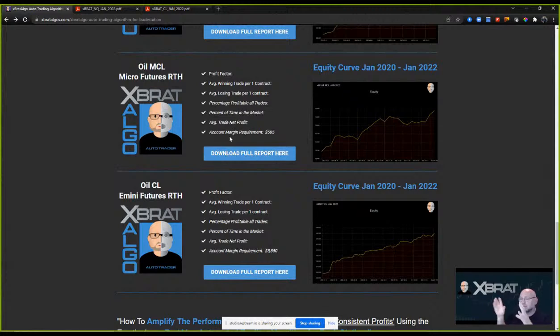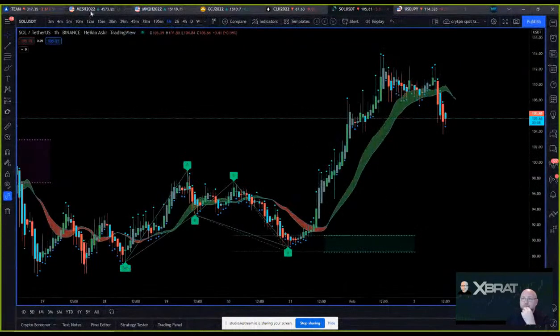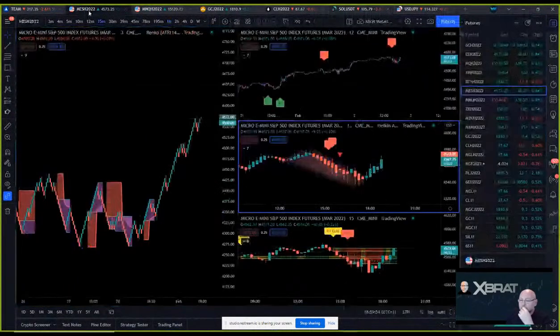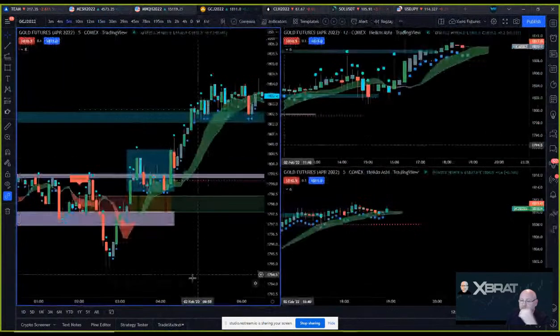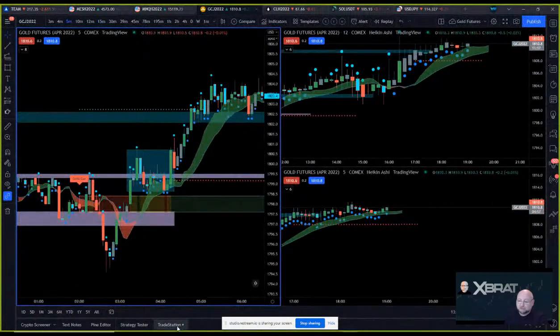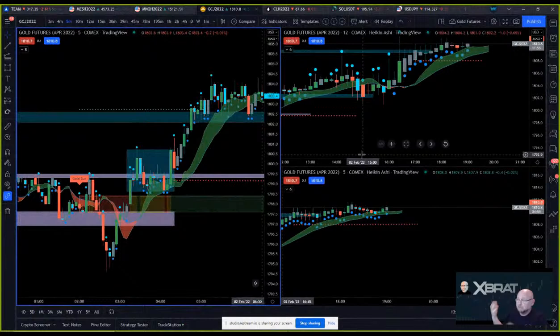But I connect my TradeStation account to TradingView. So for example, here on the gold, I'm connected to TradeStation. So if I'm trading gold, I'm trading live straight onto TradeStation. But then I can put the auto trader on TradeStation as well, and boom, goes.